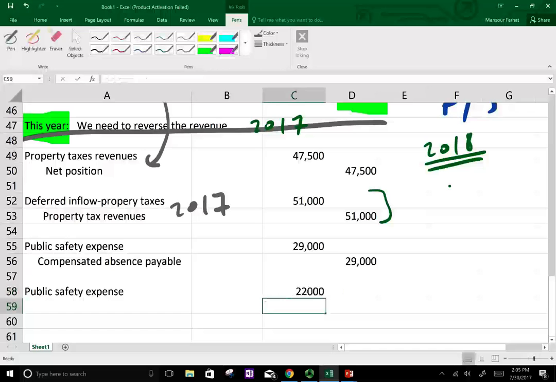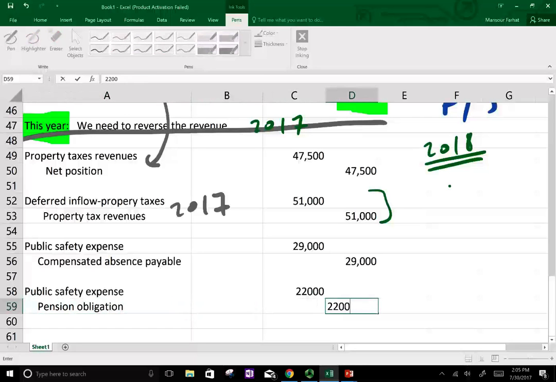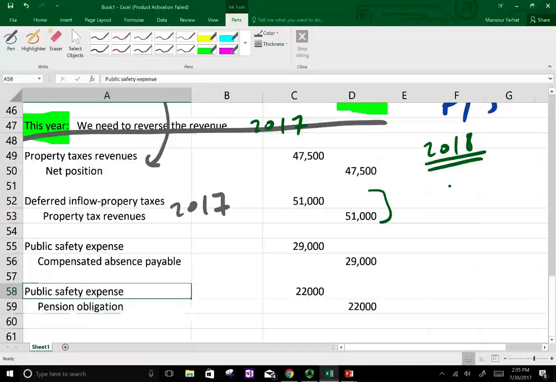So we need to debit expense and credit pension obligation or pension liability, whatever you want to call it, some sort of a pension liability of $22,000. Why did we do this? Because under modified accrual we only recognized $207,000 of the $229,000 obligation. Now, bear in mind, next year we might have to back out those expenses. We might have to do so.